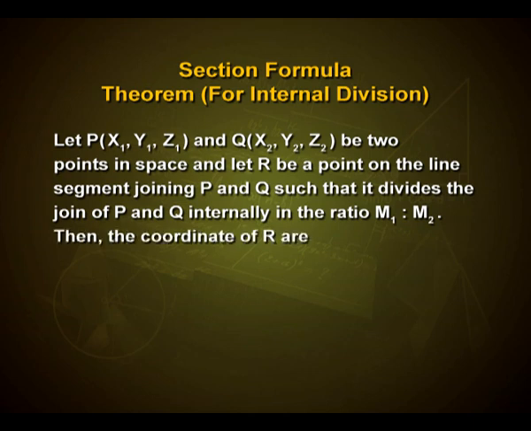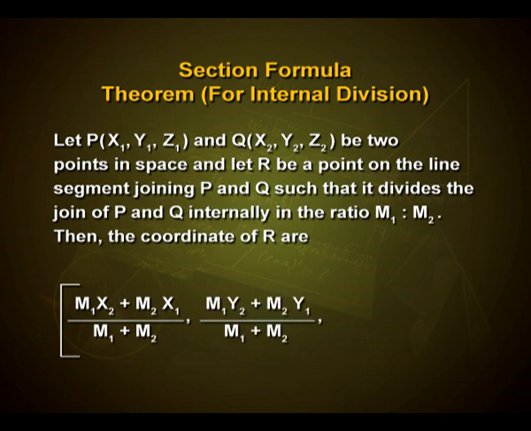Then the coordinates of R are given by (m1x2 + m2x1)/(m1 + m2), (m1y2 + m2y1)/(m1 + m2), (m1z2 + m2z1)/(m1 + m2). This is the formula we will be using as the section formula.